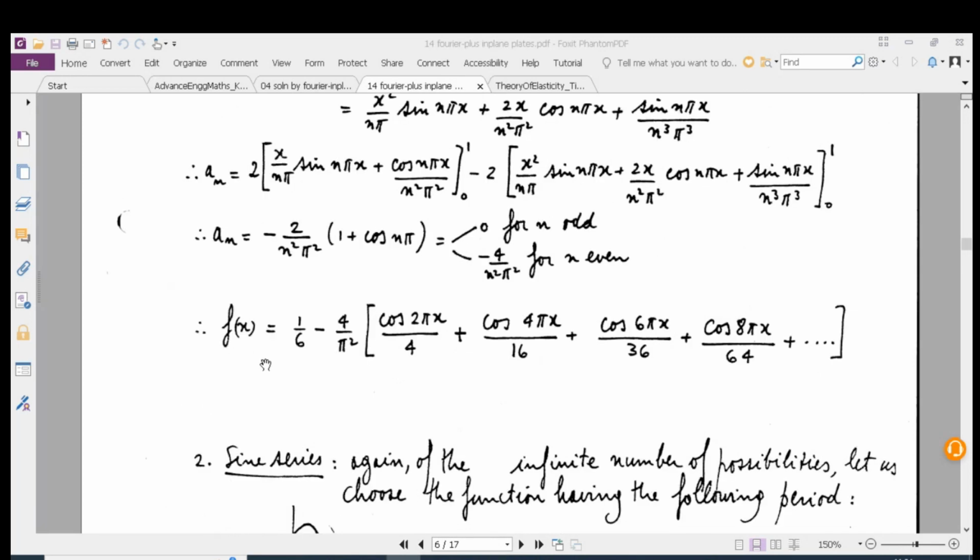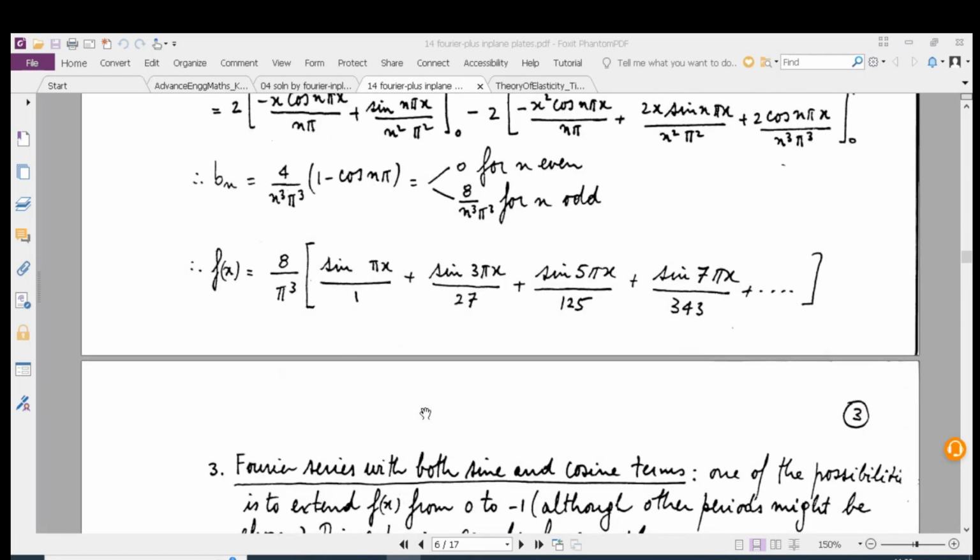In the case of this first cosine series, we see that these terms are reducing by the power n power 2. We have this term getting divided by 2 power 2, then 4 power 2, then 6 power 2, and so on and so forth.